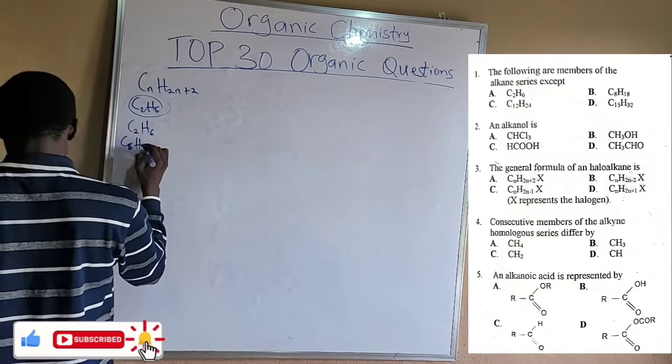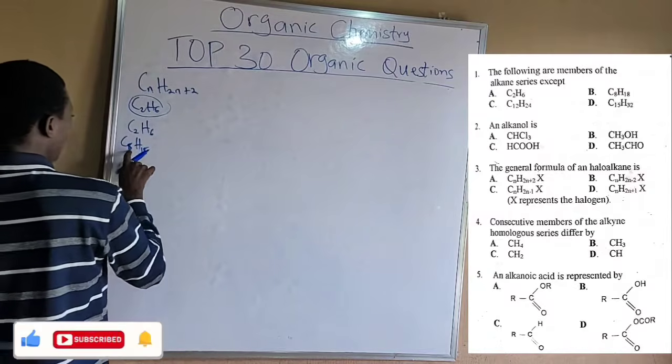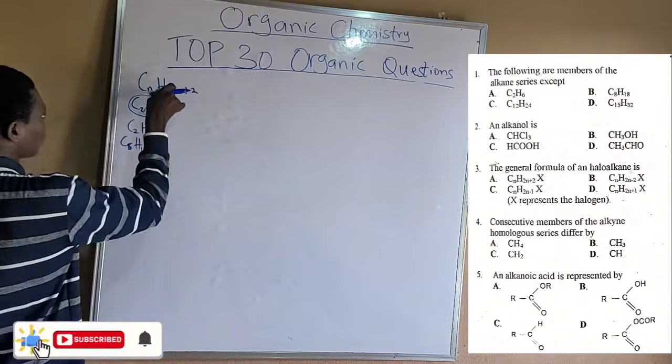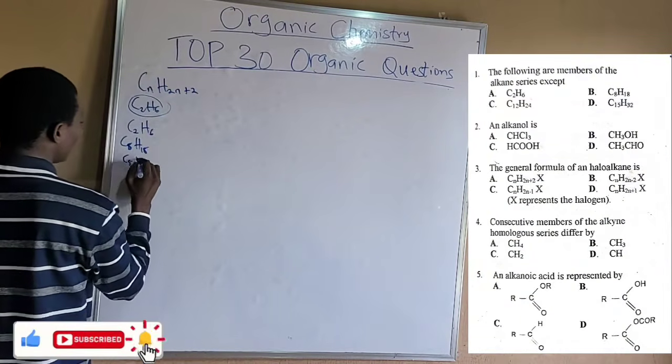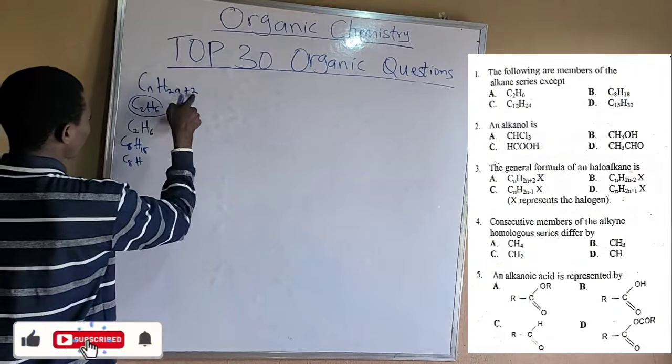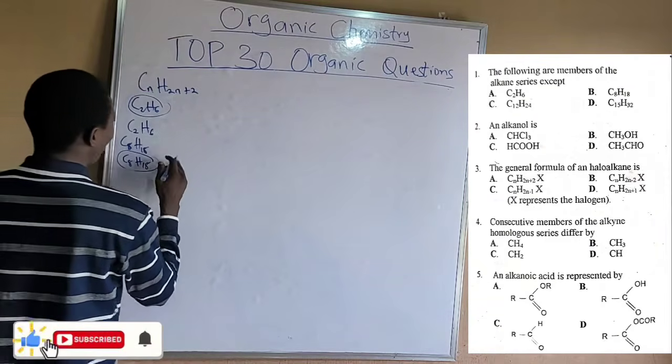C8H18. That is option B. Our n here is 8. So let's substitute 8 inside, whether we arrive at this. So we have C8H, 8 times 2 is 16, plus 2, 18. This tells us that this is also a member of alkane.